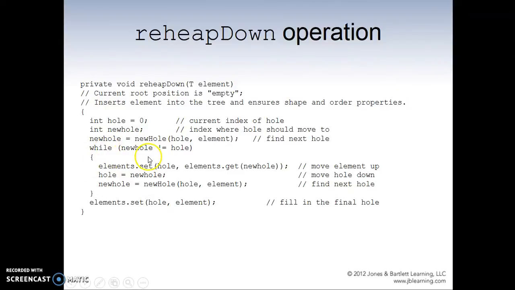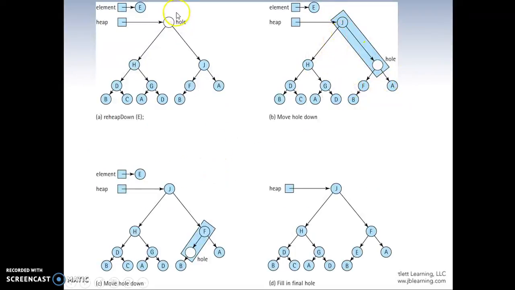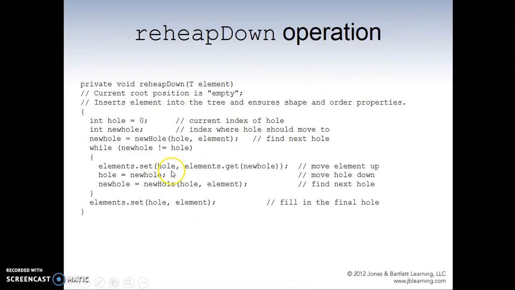So while new hole not equals to hole, that means the location is not for it yet. Then we have to keep moving the hole down, and keep moving the values up like that. After we move the hole down, the value that we compare has to be set back to the location of the hole, and keep moving the hole down. So this is what it does here.